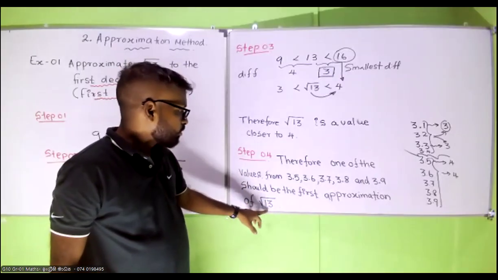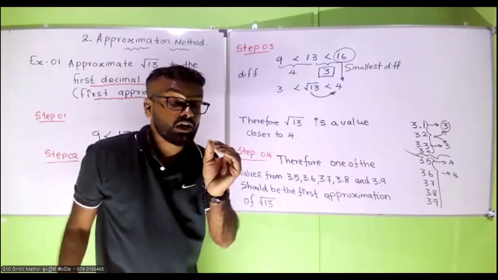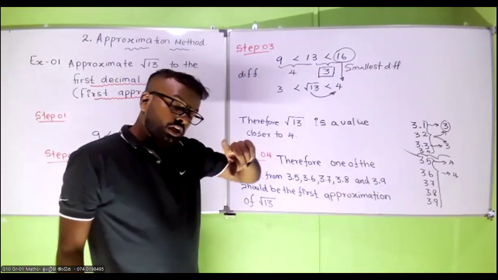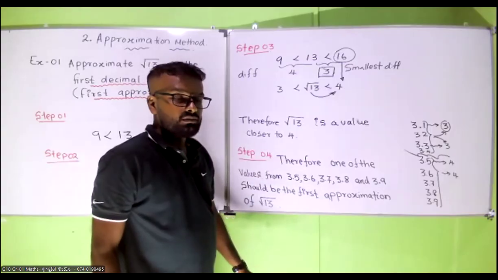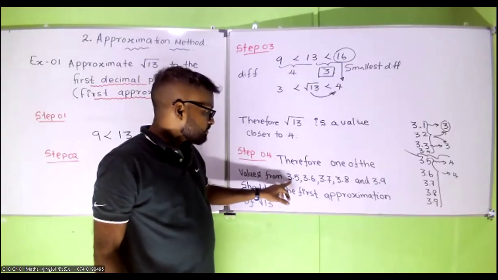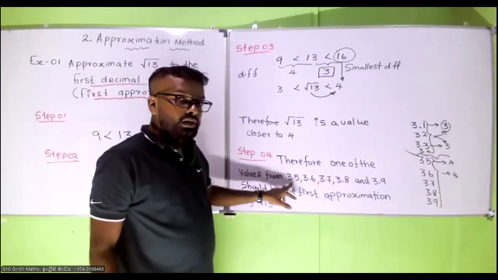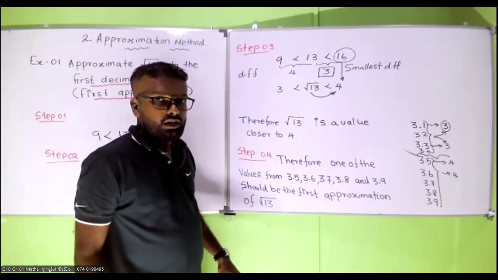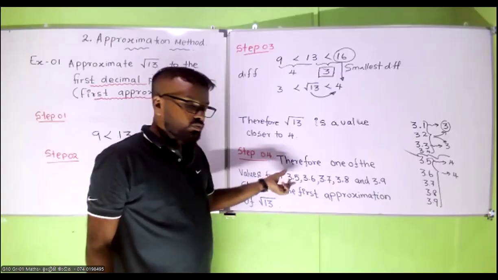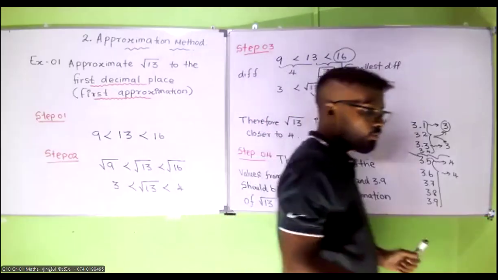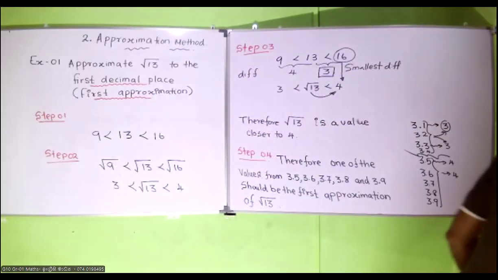We are going to find the closest value to the 13. If we multiply the same value, which is closer to 13? So we have to choose one value from this list.